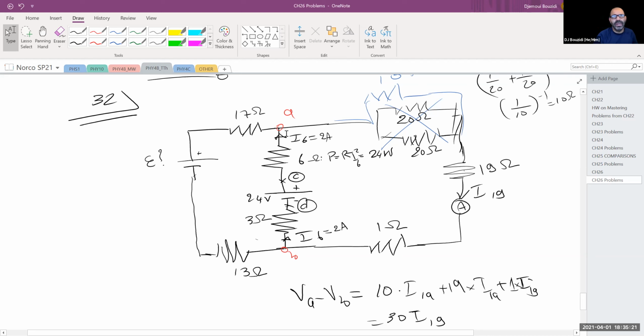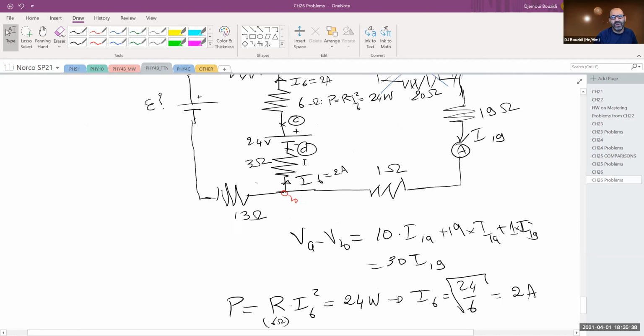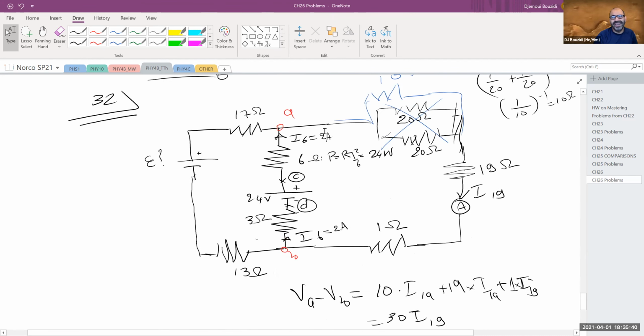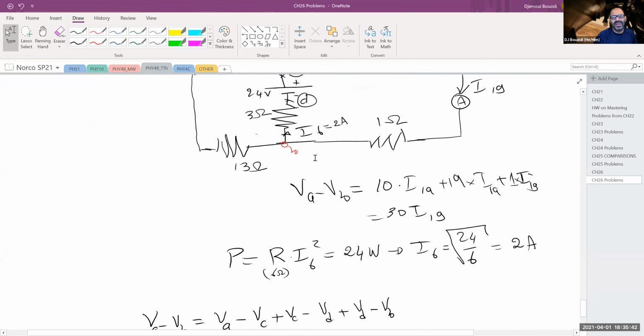That's what they said in the book. They said that the current, at least in the problem, is going in this direction as shown. So C is at a higher potential than A. That means if I'm going this way, I'm actually rising by 2 times 6, which is negative 12. 2 times 6 is negative 12.